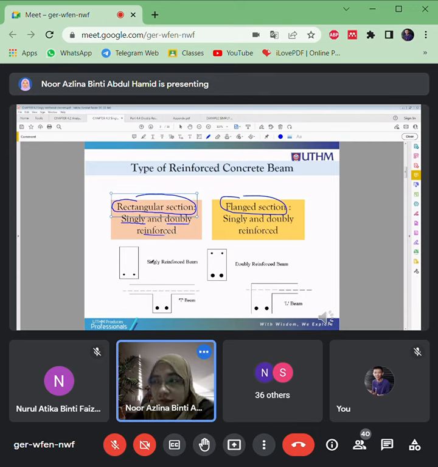A singly reinforced beam is a beam that consists only of tension reinforcement as a main bar. This is a tension reinforcement, okay, which we label as AS, area of steel, for the tension reinforcement.